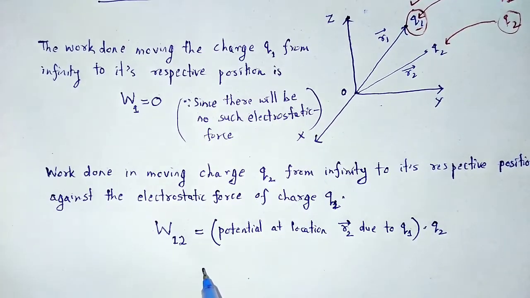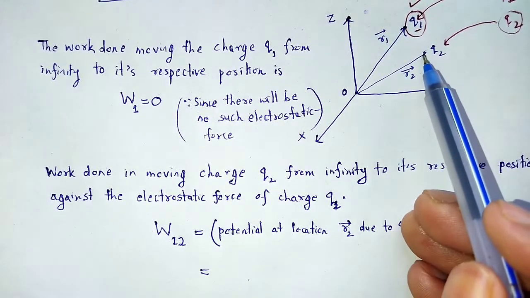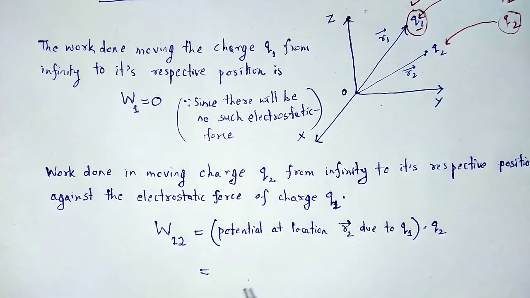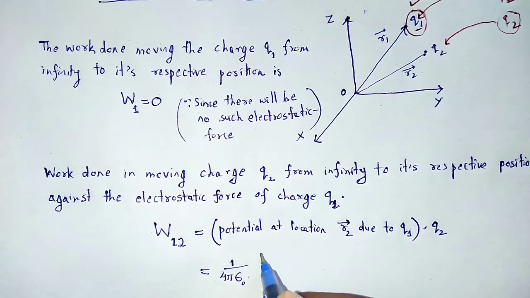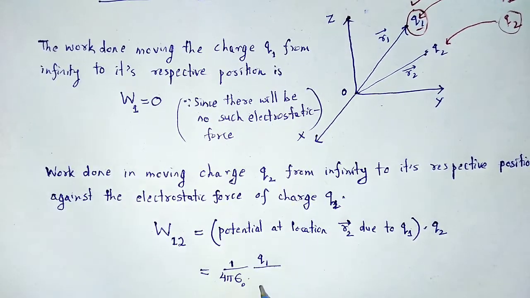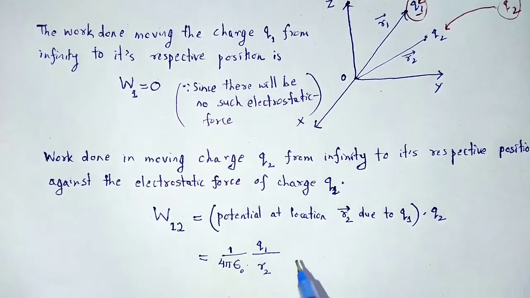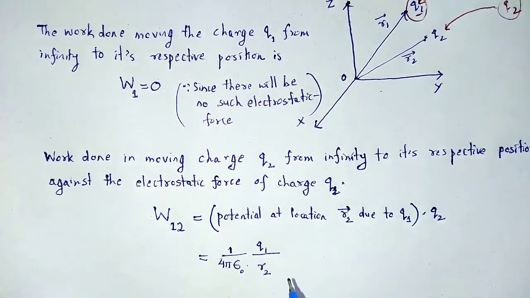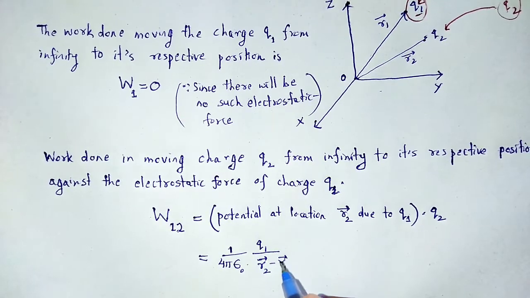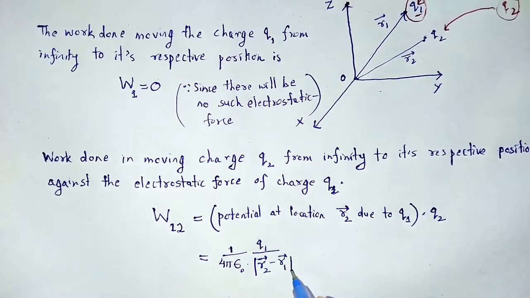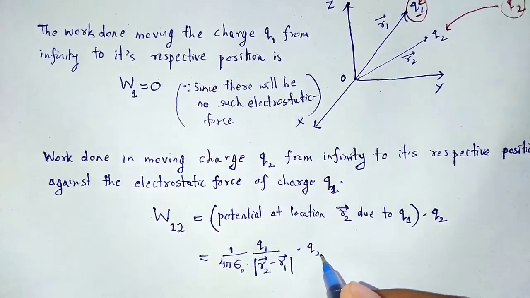The potential at the position vector r2 due to the charge q1 is 1 by 4 pi epsilon naught, q1 divided by the distance, the magnitude of r2 vector minus r1 vector, into q2.